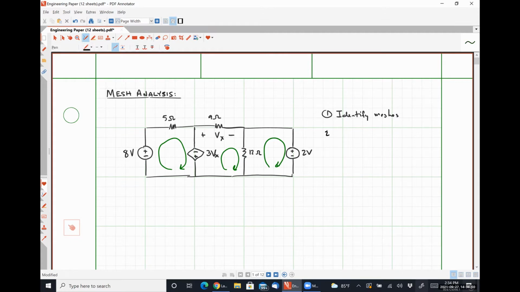My second step will be to assign mesh currents. So I might call this guy mesh current A, this guy mesh current B, and this guy mesh current C. Okay. So these mesh currents, I choose to draw them as flowing around their mesh in a clockwise direction. There is nothing remotely wrong with you choosing a counterclockwise direction for all of them.